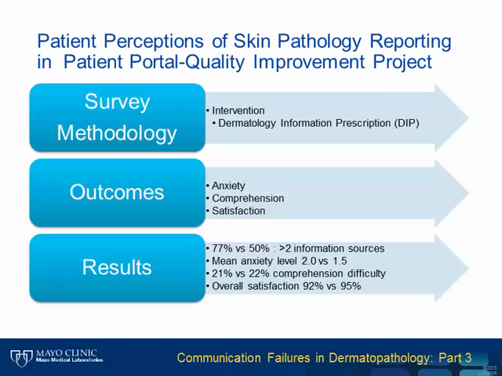We recently conducted a quality improvement project that sought to assess patient perceptions and experiences with reviewing skin pathology reports that contained an intervention, the dermatology information prescription. This intervention contains clinical context-specific diagnostic descriptions and recommendations for management. Our primary aim was to compare levels of patient comprehension, ease of skin pathology report review, anxiety associated with report review, and overall satisfaction with the skin pathology care process with and without the intervention.